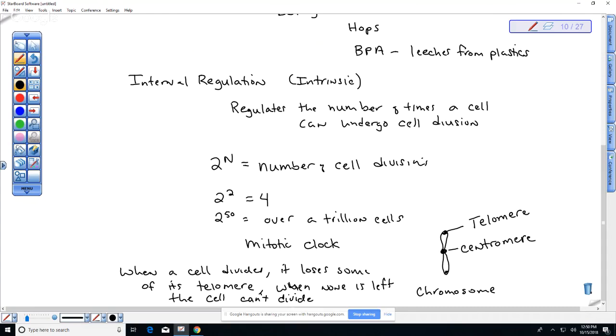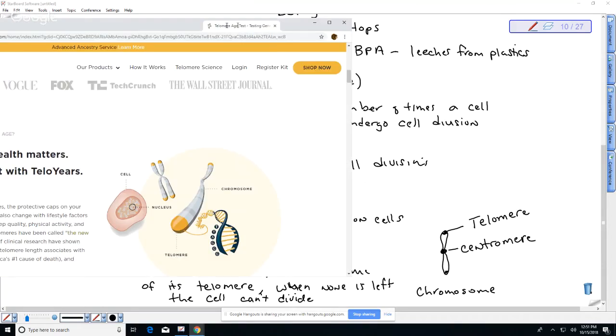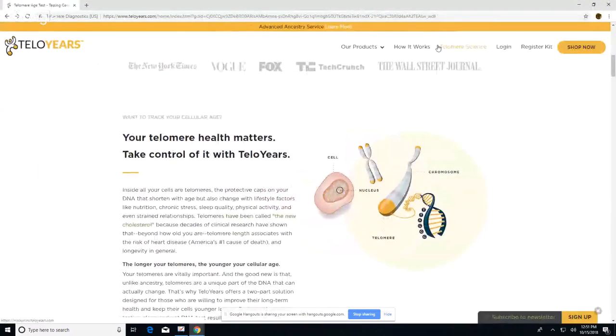Right? So you could do a test. There are companies that test for telomere length, and one of these is called Telo Years. They would like a sample of your DNA so they can look at your telomere length.